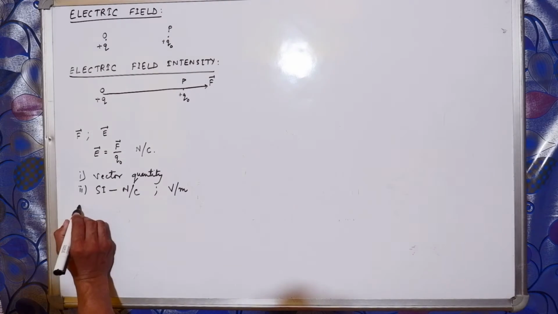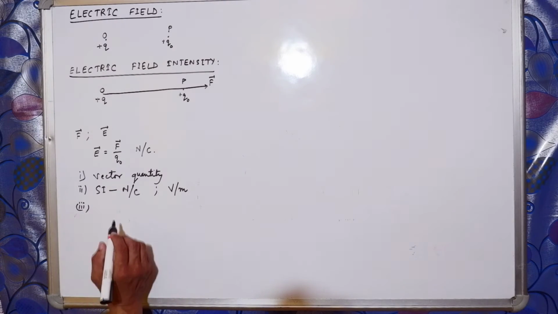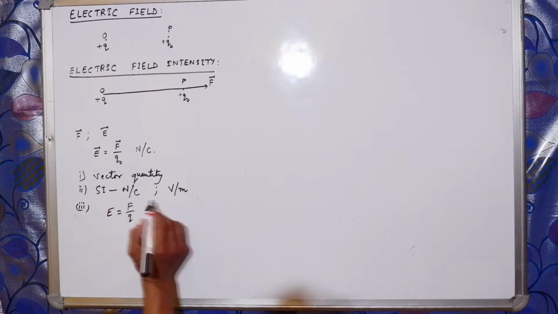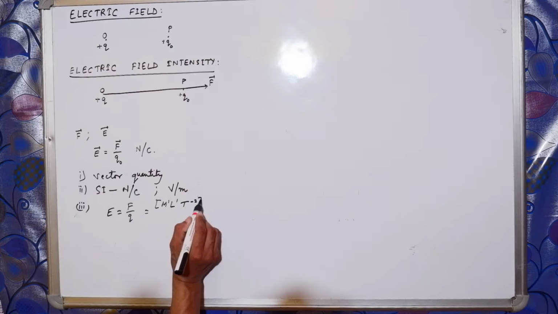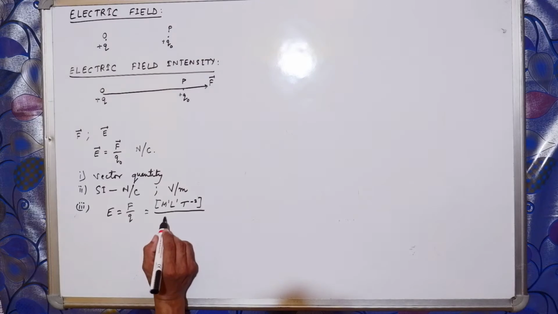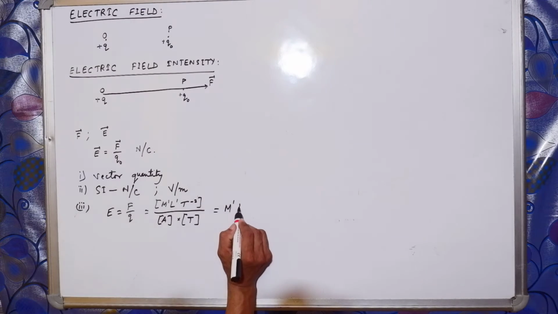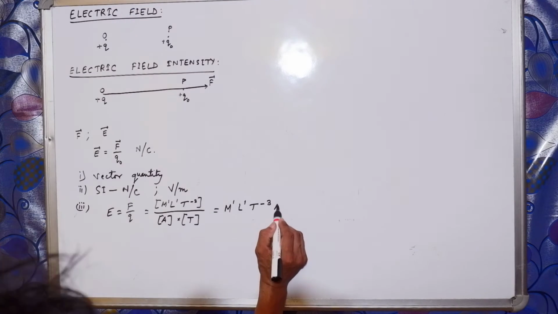Number three, the dimensional formula of electric field is given by E equal to F by Q. We know that F will be equal to M1 L1 T to the power minus 2, and Q will be equal to A for current into time T. If we bring all this denominator into the numerator, we will get M to the power 1, L to the power 1, T to the power minus 3, and A to the power minus 1.